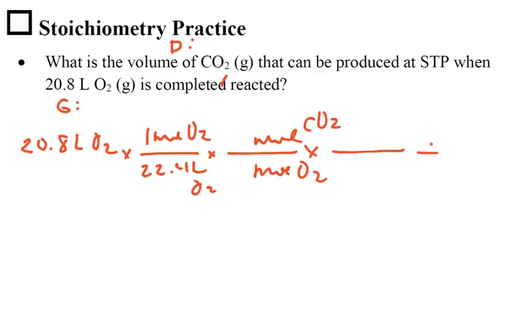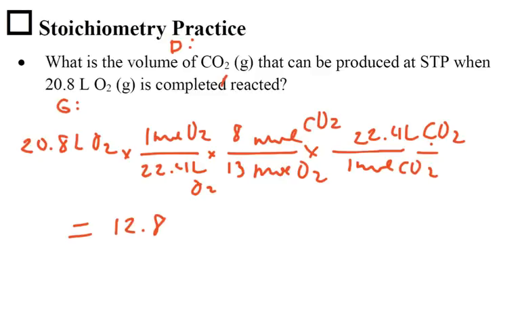That's 13 O2s, 8 CO2s. Now we're trying to get to liters, so we know that 1 mole of CO2 is 22.4 liters of CO2. And now we just do the math, and I get 12.8 liters of CO2.